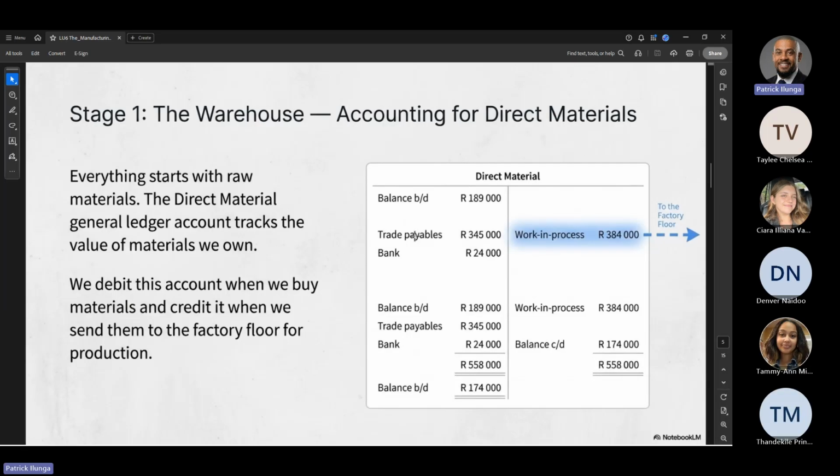And everything that we are not going to use in 2026 will be used in 2027. That's basically what you are seeing here. The opening balance means that there was material that came from 2025. We're not going to throw away that material. We're going to use that material and bring it in. So it's an addition.